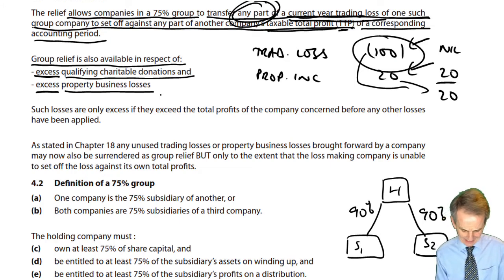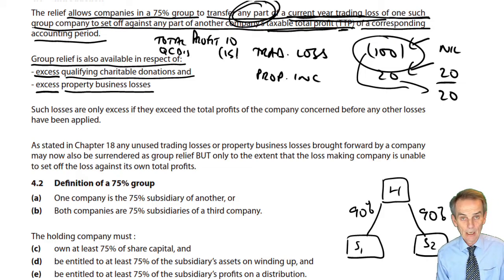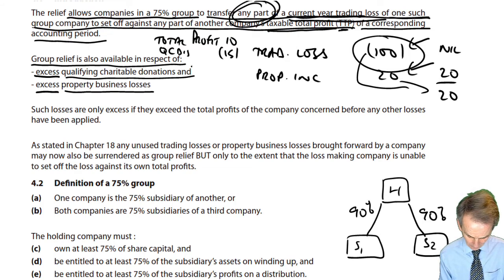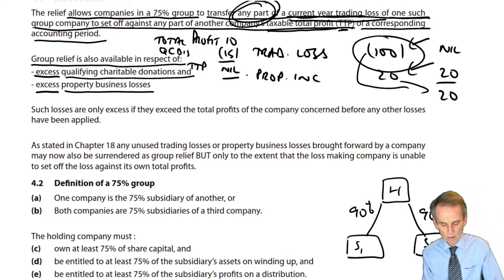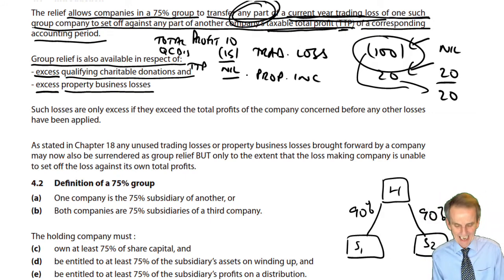So if we had a total profit of £10,000, but we had qualifying charitable donations of £15,000, then on the corporate tax computation, the TTP would be nil. It wouldn't be minus 5. You have there excess qualifying charitable donations of £5,000.